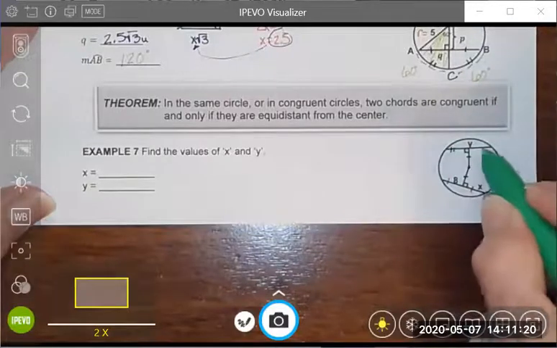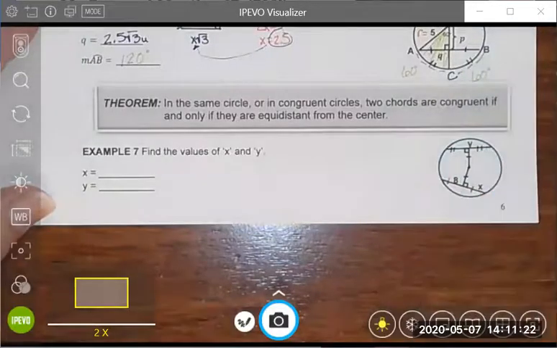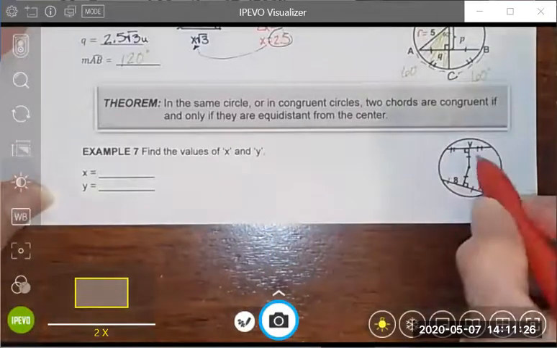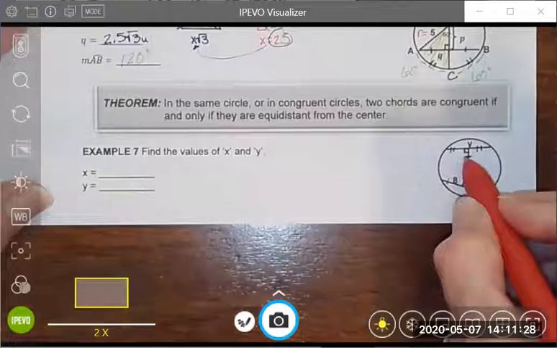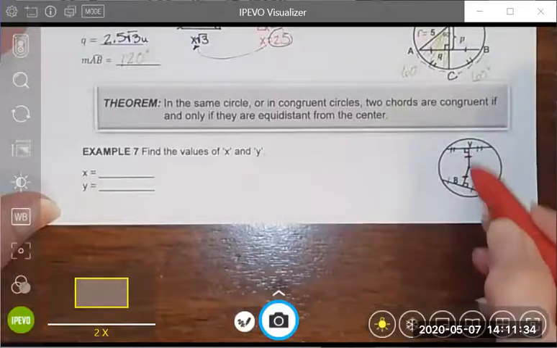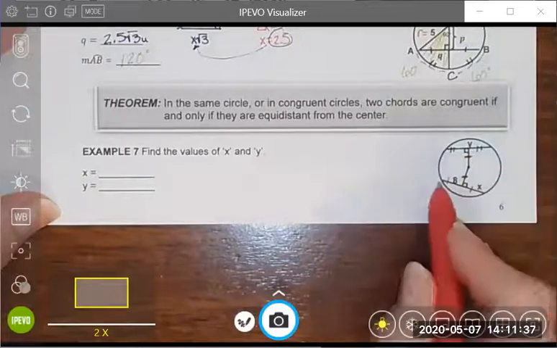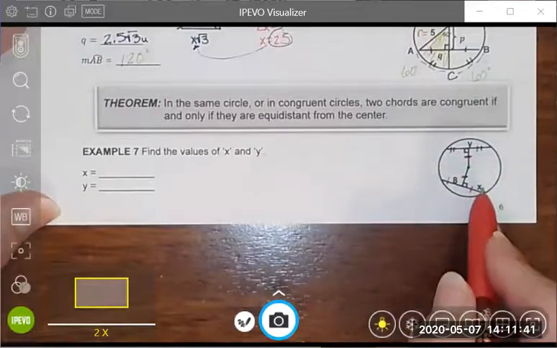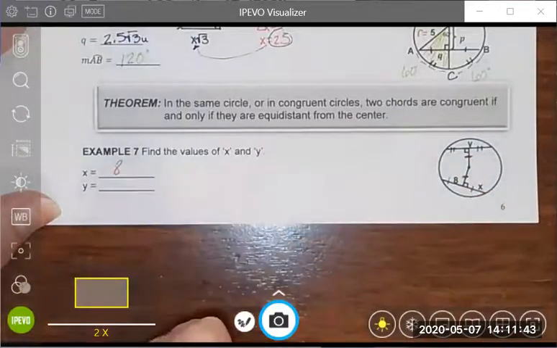So these two parts of the chord are congruent. And what this theorem is telling me is that because my two distances from the center, the perpendiculars to the chords, are the same, that means that all of these segments are going to be exactly the same. That tells me that x is equal to 8.